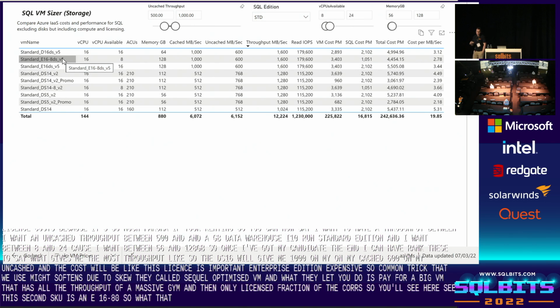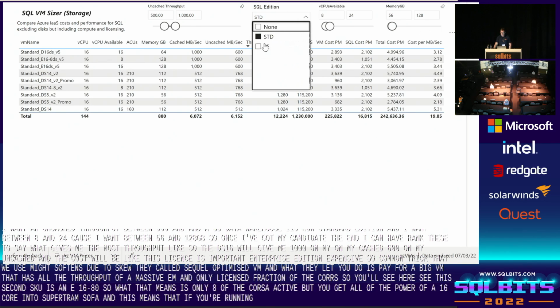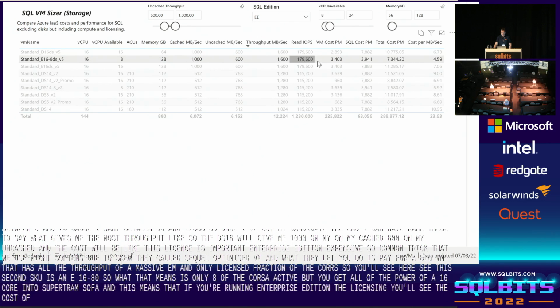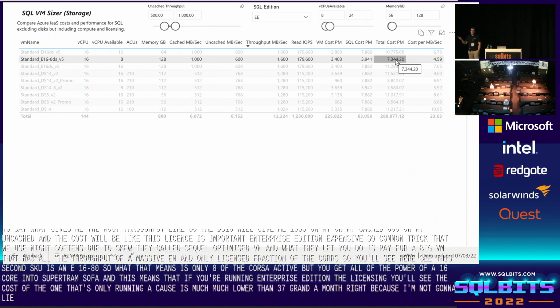What that means is only 8 of the cores are active, but you get all of the power of the 16 core in terms of throughput, RAM, and so forth. And this means that if you're running Enterprise Edition licensing, you'll see the cost of the one that's only running 8 cores is much, much lower. That's actually $7,000 a month, right? Because I'm not licensing all the Enterprise Edition cores.